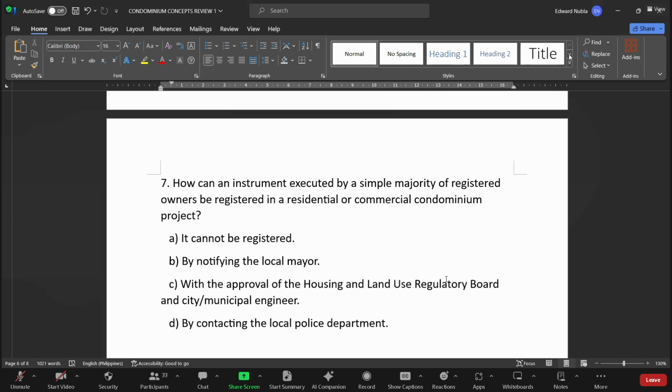A, it cannot be registered. B, by notifying the local mayor. C, with the approval of the DHSUD and city municipal engineer. Or D, by contacting the local police departments. Number 7. By instrument, that means amendment, amending or revocation.